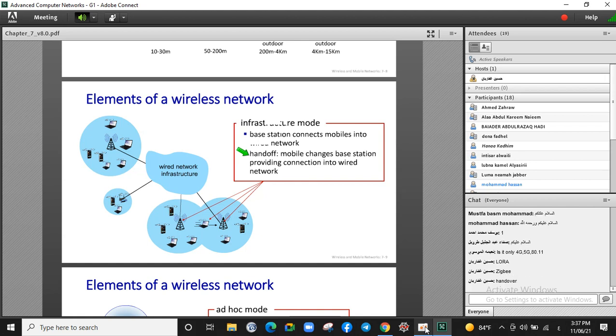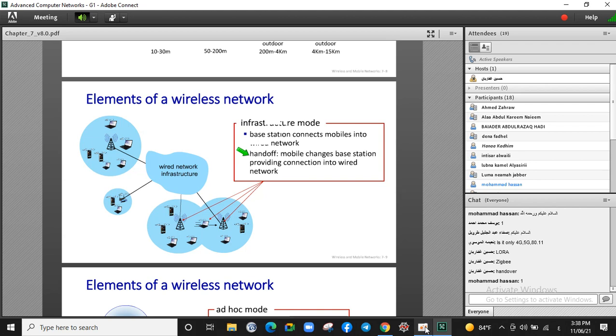What does it mean? It means that I have a mobile wireless node who changes its base station during his connection. In other words, I have a mobile wireless node, and it's starting to talk with someone else. I don't know where, it's not important, maybe on the internet.